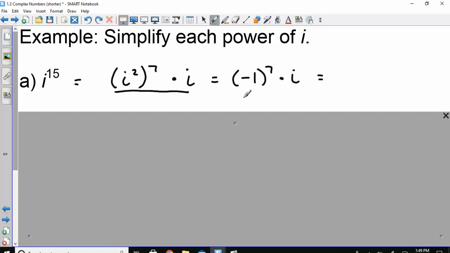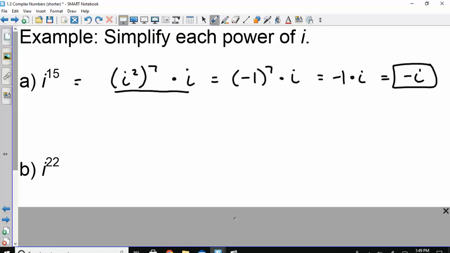So, what would that give you? -1. If your power is odd, it'll be negative. If it's even, it'll be positive. So we get -1 times i, which is -i. The only answers you will ever get on these are 1, -1, i, and -i.